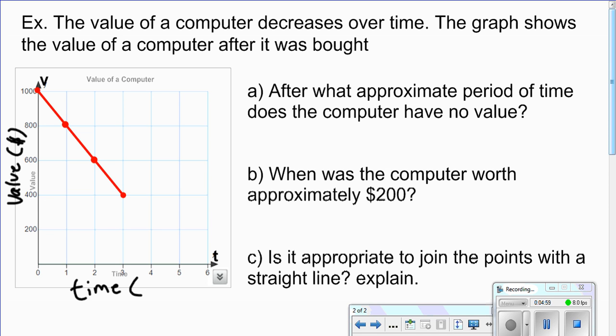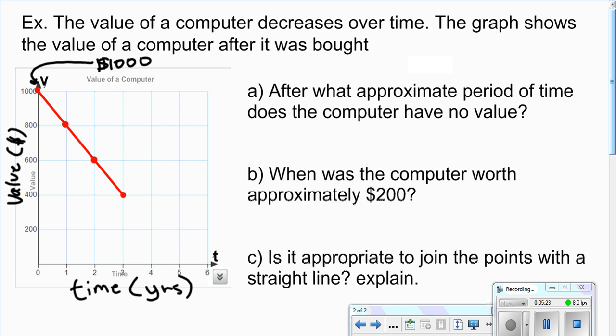Let's say that it's measured in years. So the graph shows the value of a computer after it was bought. So the starting value is $1,000, and the value is decreasing at a constant rate. So this is a linear relation.